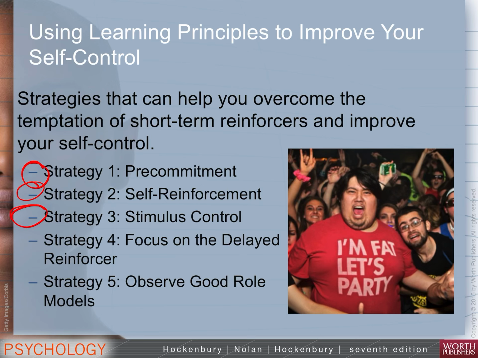Strategy three is stimulus control. Don't put yourself in a position where you are setting yourself up for failure, okay? Stimulus control is when you say, okay, look, I'm not going to go to that party. I'm not going to put myself in the position or an environment where I know I'm going to get invited out.